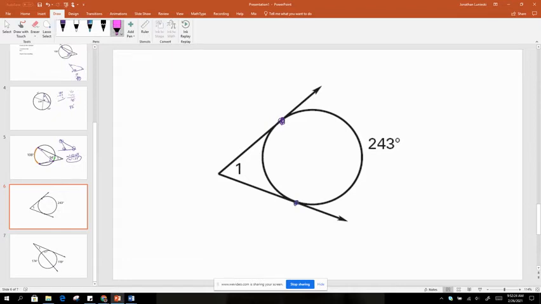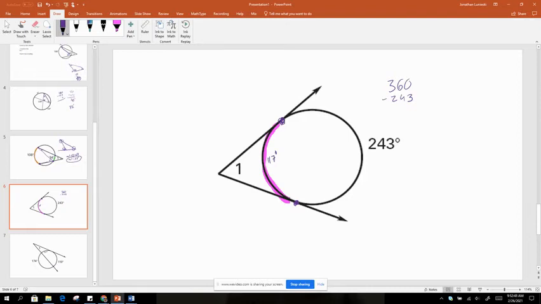And so I'm interested in finding this piece right here. So I'm going to take 360 degrees because there are a total of 360 degrees in a circle. And I'm going to subtract off that 243 to get that this piece right here is equal to 117 degrees.